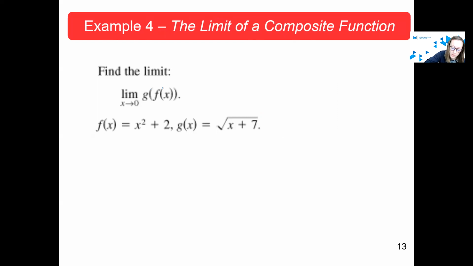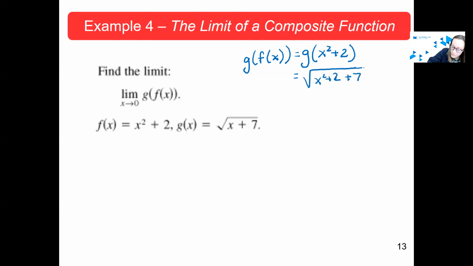So find the limit of g of f of x. One of the things is you could find that function if you wanted to. You could look at, well, what is g of f of x? So this is going to be g of an f of x. We have x squared plus 2. And then the g function takes our input, x squared plus 2, and adds 7.